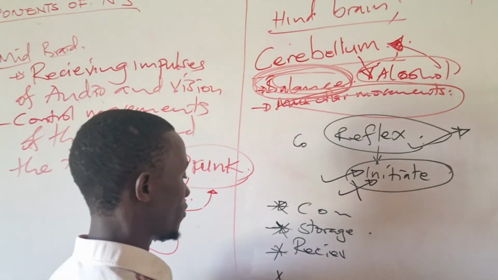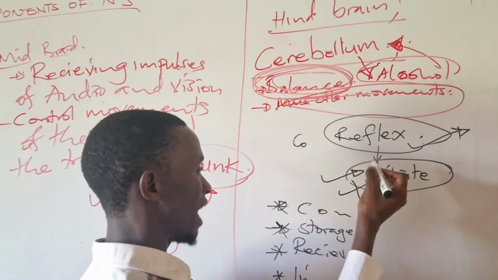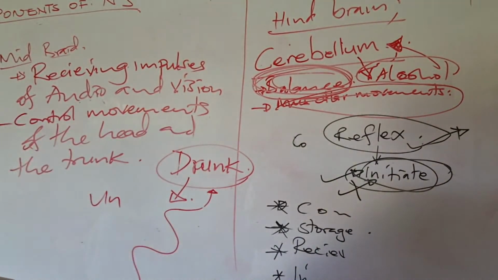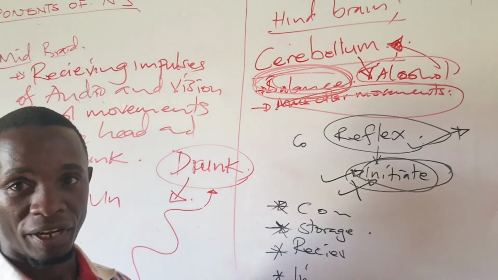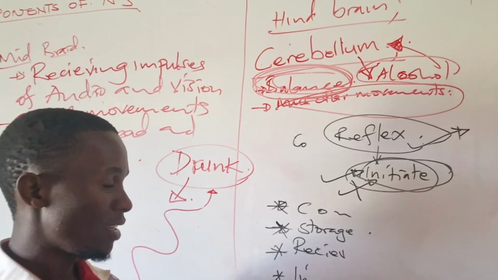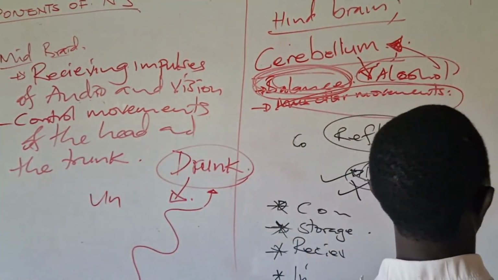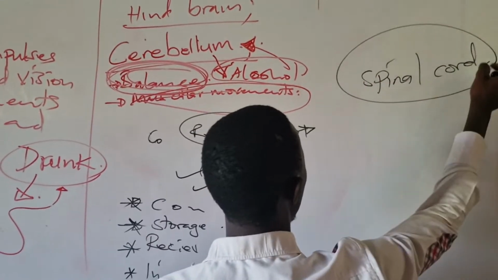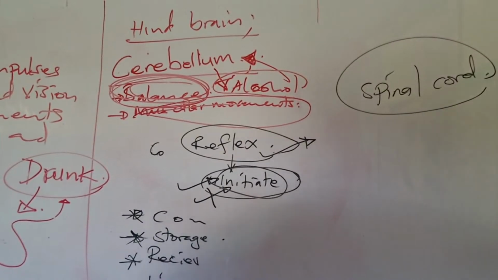And we've also seen the brain initiating responses, apart from some simple reflexes. Those are some of the functions of the brain. And briefly after this video, we are going to look at the spinal cord, its structure and its functions.